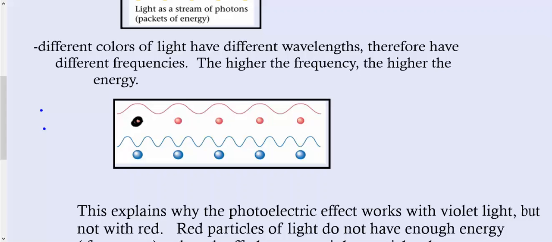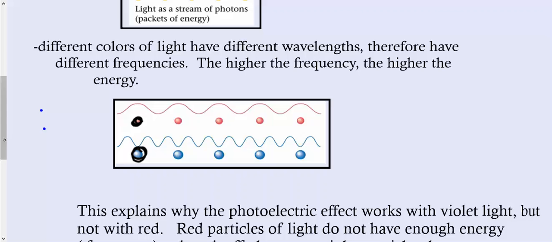But violet light with a higher frequency would be a bigger chunk, a bigger particle of energy. Each one of these can knock off electrons. So if you think of light as particles, that explains the problem with the photoelectric effect. Does that make sense?